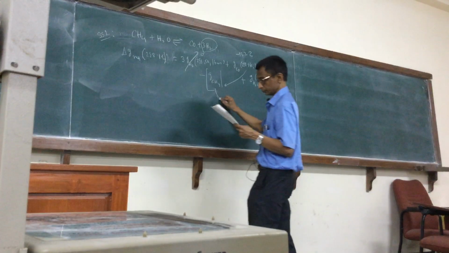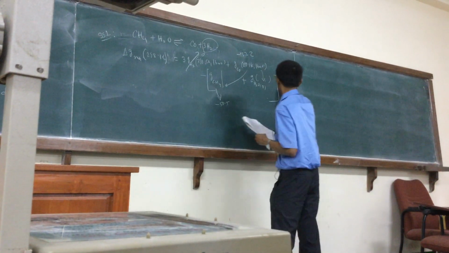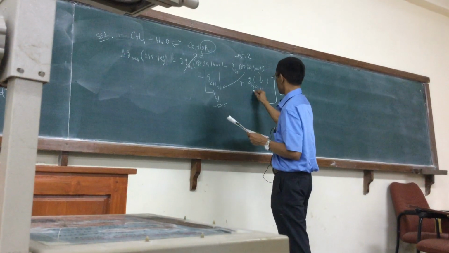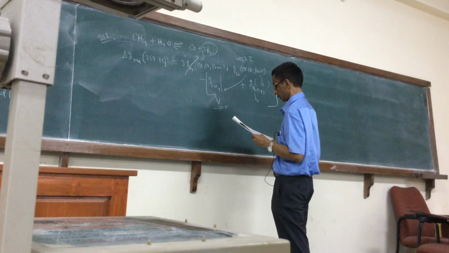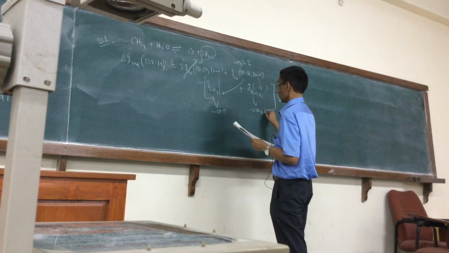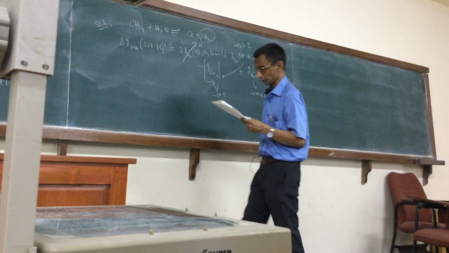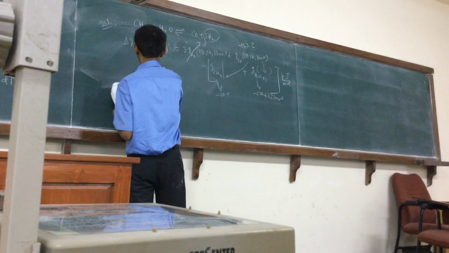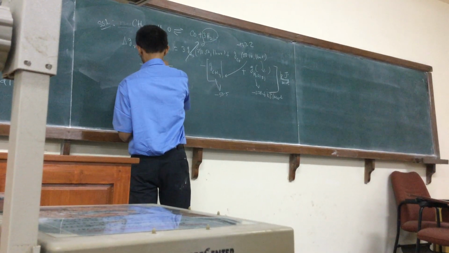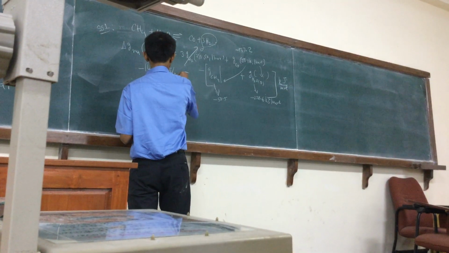This is also given to be minus 50.5, everything in kilojoule per mole. Point out that you have to be very careful with the units. And this, we just saw, is minus 228.6 kilojoule per mole. Everything is in kilojoule per mole. If I put everything in, I'll get delta H of reaction to be minus 141.9 kilojoule per mole.